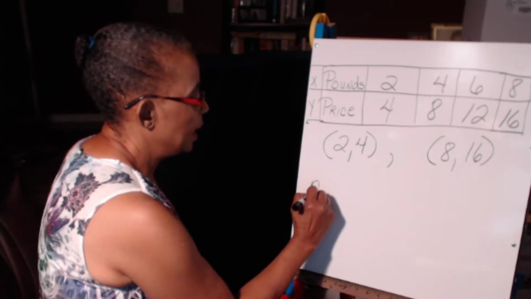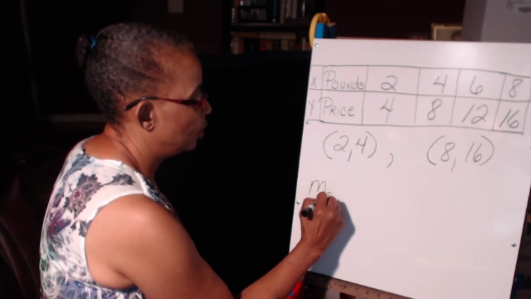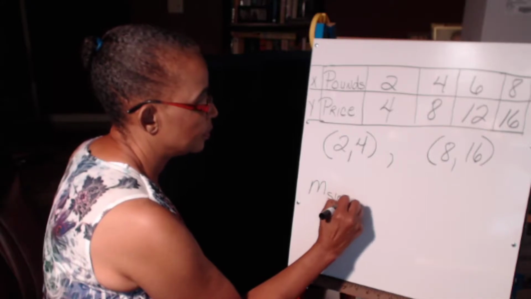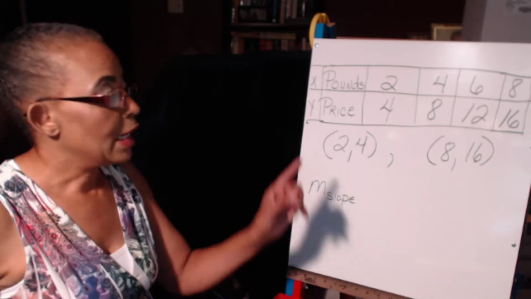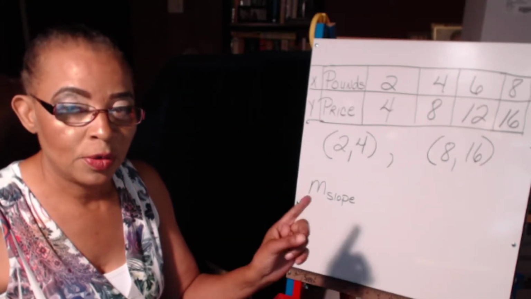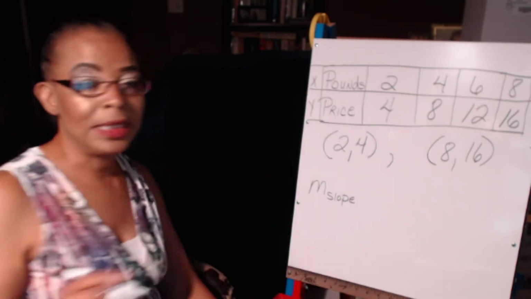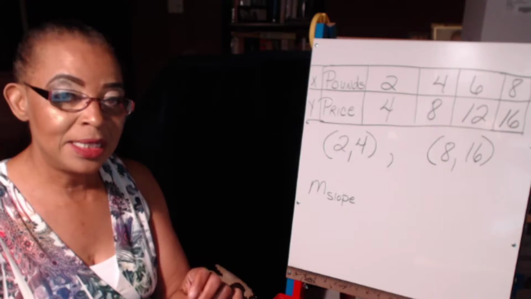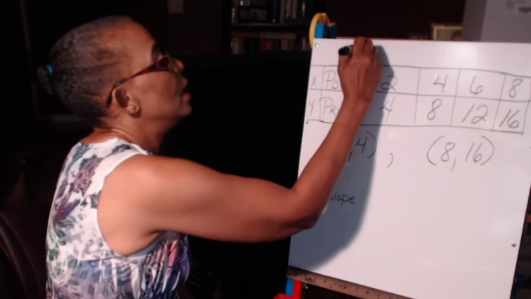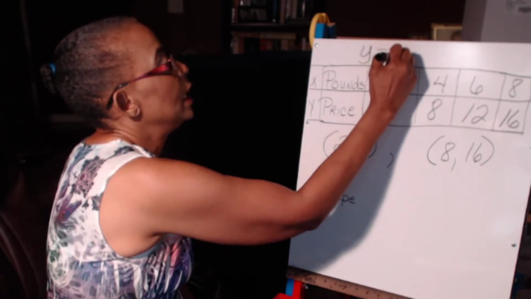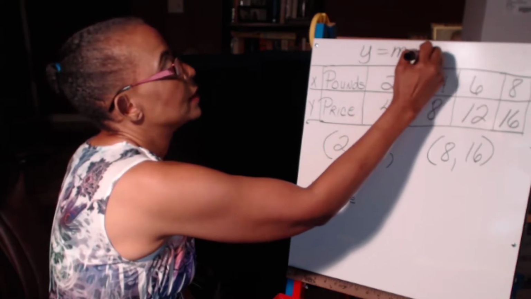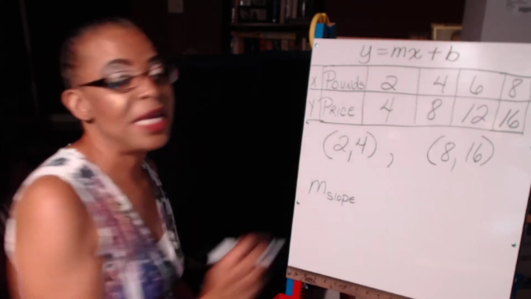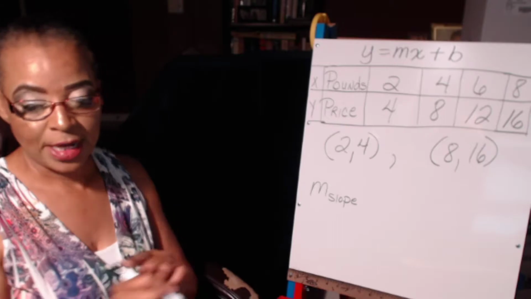Remember that m stands for slope. If you will recall, in the equation that I wrote, y equals mx plus b, m stands for slope and b stands for the y-intercept. So y equals m, the slope, x, plus b, the y-intercept.